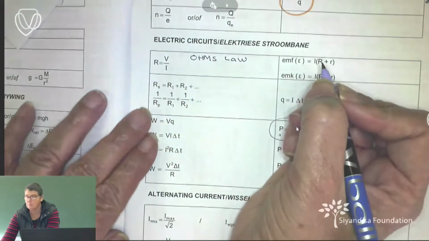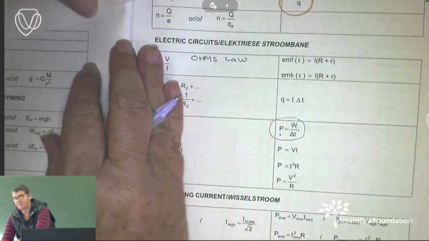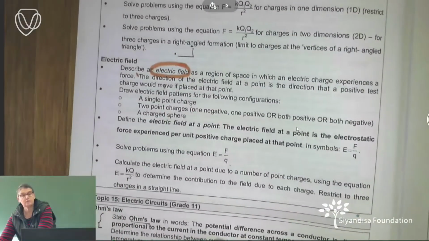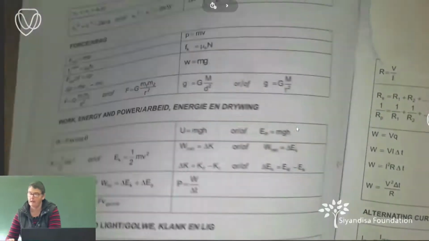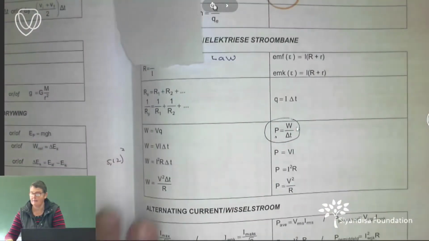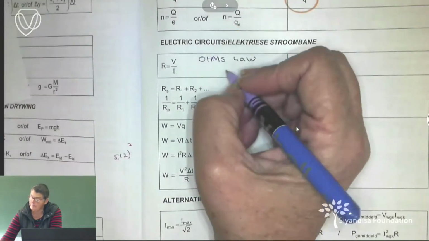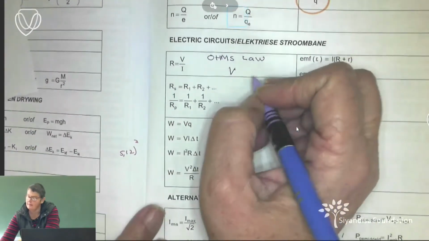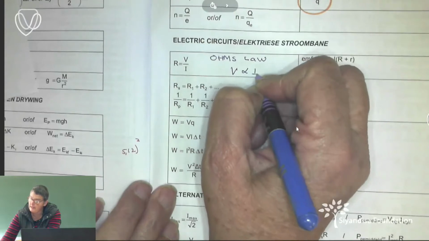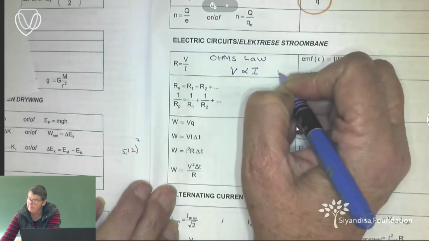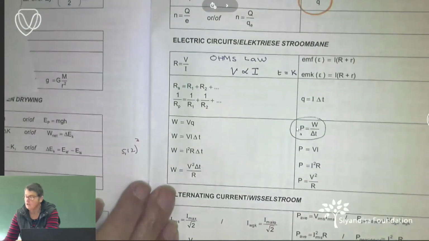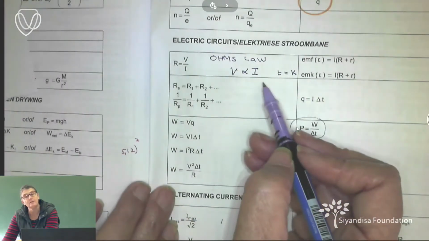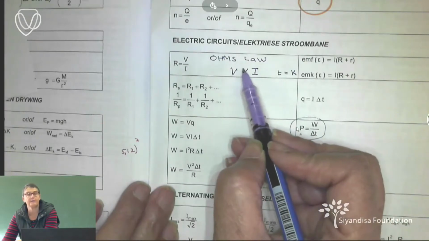Ohm's law said that the potential difference across a conductor is directly proportional to the current. So I write this for myself: the potential difference is directly proportional to the current if the temperature remains constant. I've just basically put this in easier words for myself, should I forget the law.